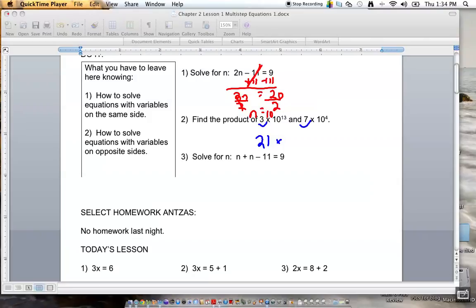I don't think that quite cuts it. What do you do? You add them. So I get 10 to the 17th. Turn to your neighbor. Say to them, multiply coefficients, add exponents. Very good.